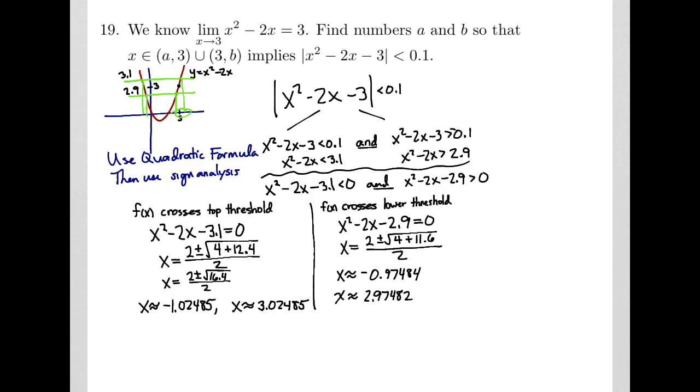So the intervals that we find around 3, if I did exact arithmetic, we have 2 plus the square root of 15.6 over 2 up to 3, and going on the right, 3 to 2 plus the square root of 16.4 over 2.